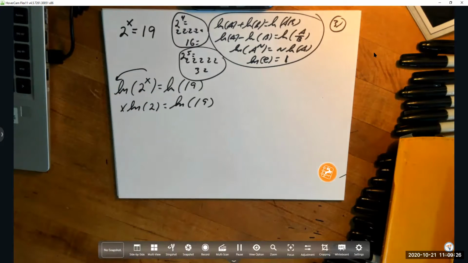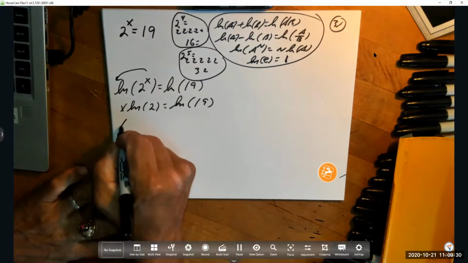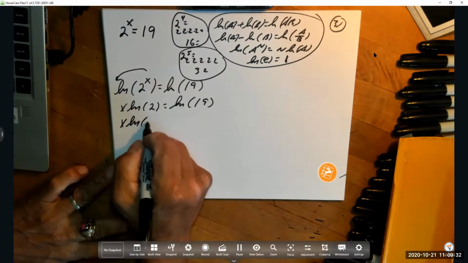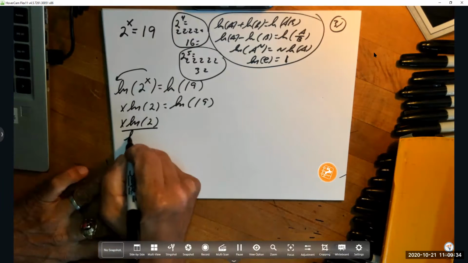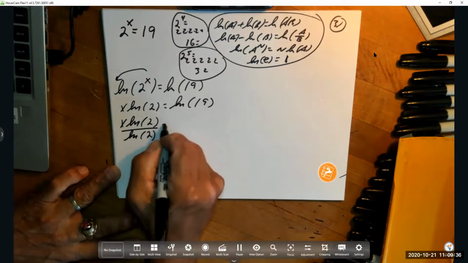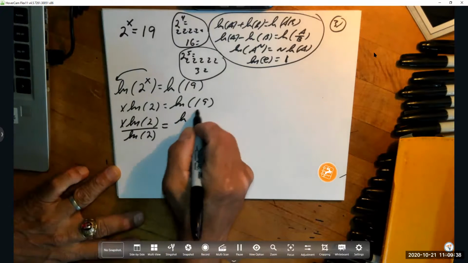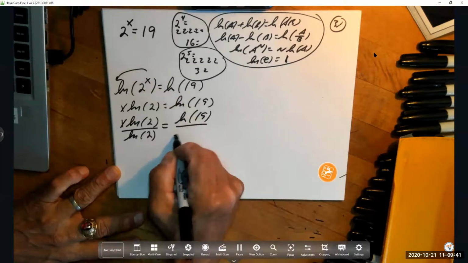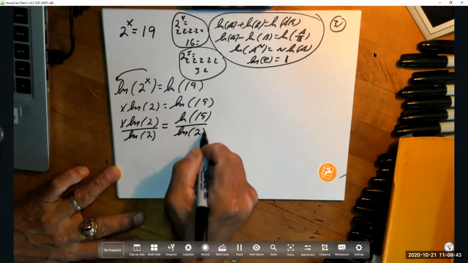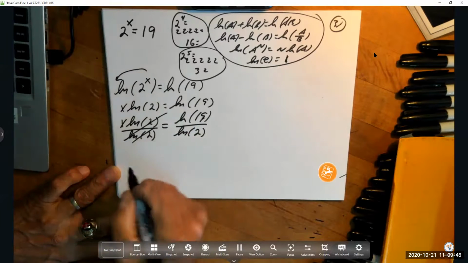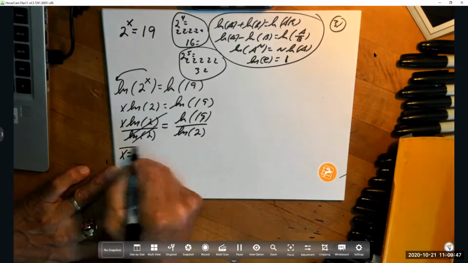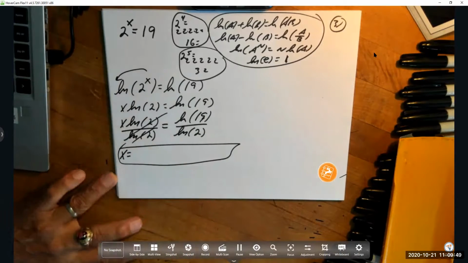All right, so now to get the x by itself, I'm going to divide this side by ln of 2 and this side by ln of 2. So these are gone. So now you're going to have giant number.